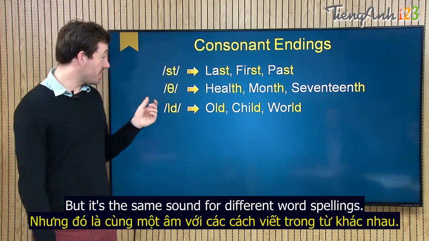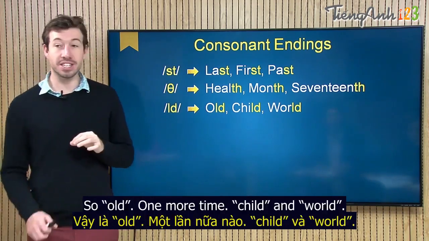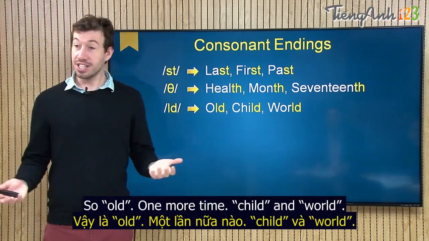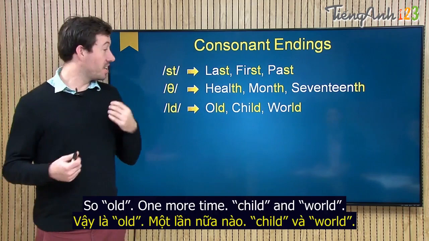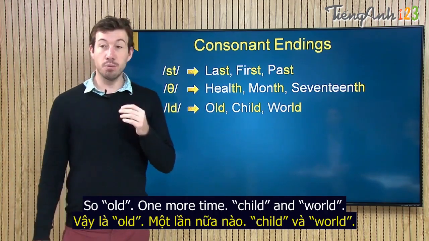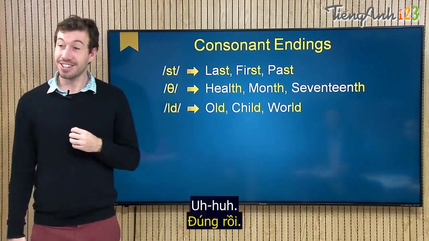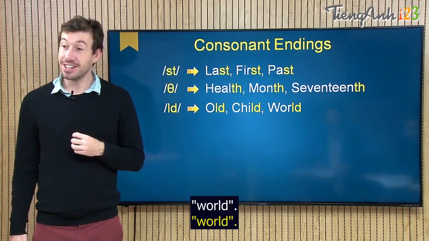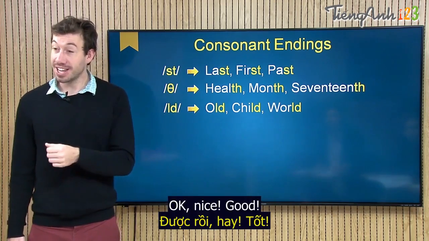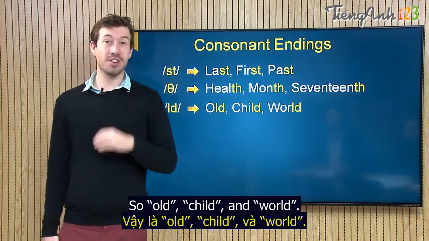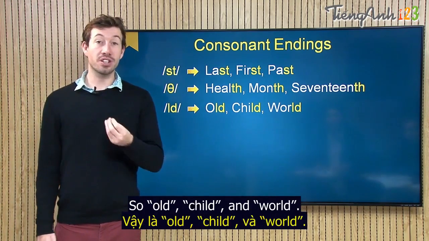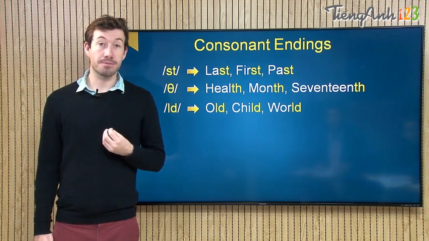But it's the same sound, with a different word spelling. So, old, one more time. Child, and world. Can I have you say it? World. Nice. So, old, child, and world.